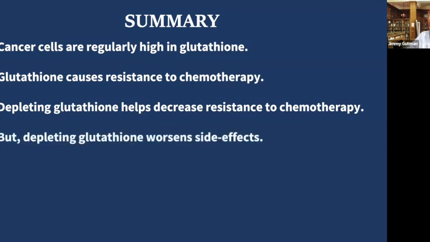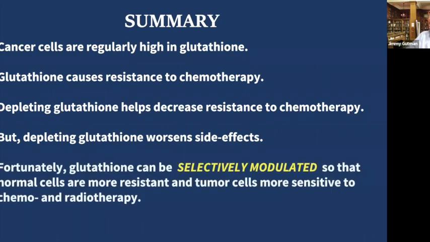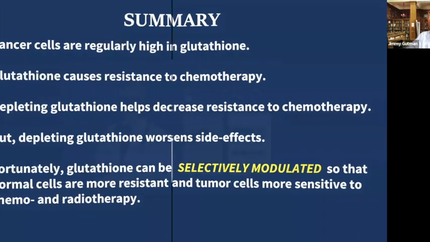However, when you do this in a living organism, like a human, this may lead to extremely high levels of adverse effects and even death. So this, so far, has not turned out to be an effective strategy. And here's where our own scientists have added so significantly to the research. Through the use of precursors, glutathione levels can be selectively modulated with really, really promising results.